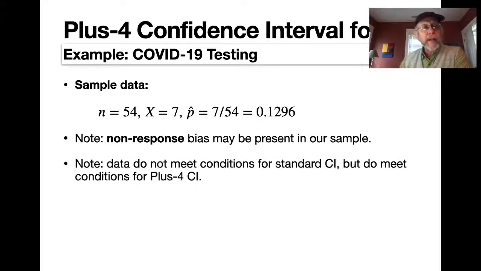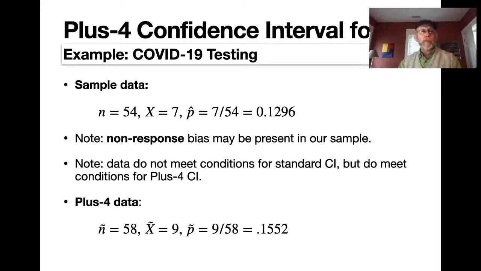Also note that the data do not meet the conditions for the standard confidence interval because we don't have 10 successes. We have 7. You need at least 10 successes and at least 10 failures in the data set to use the standard techniques, and we just don't have that there. But we do have a sample size of at least 10, and so we can use the +4 methods.